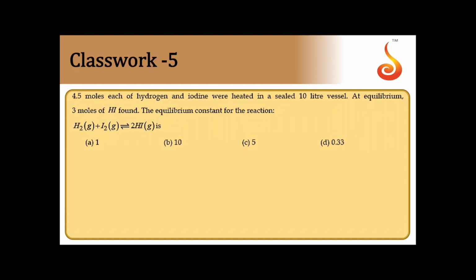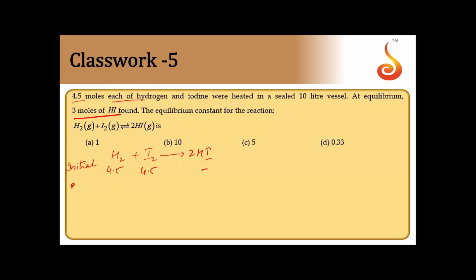So let us write the equation: H2 plus I2 giving rise to 2HI. Initial moles are given to us as 4.5 moles each, so this will be 4.5, also 4.5. And then at equilibrium 3 moles of HI were found.